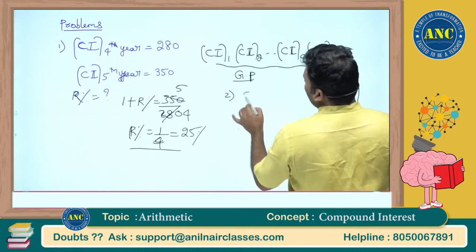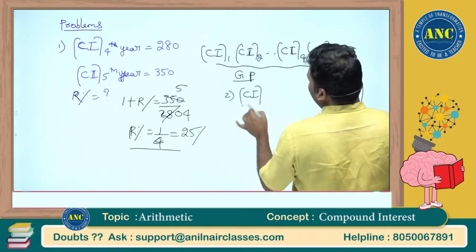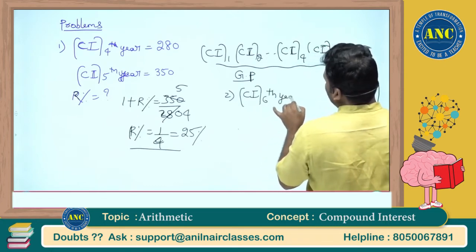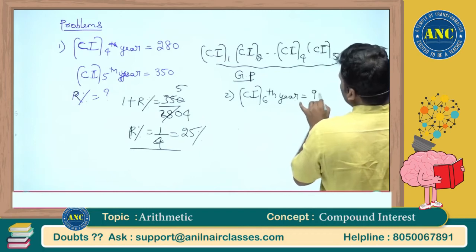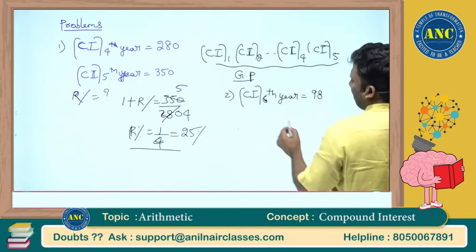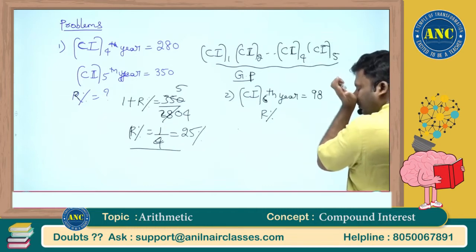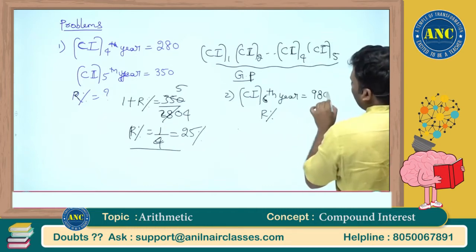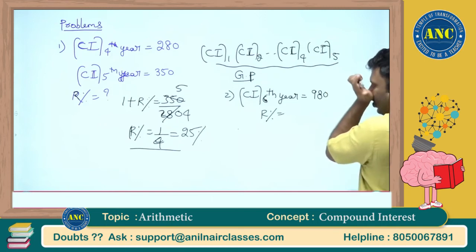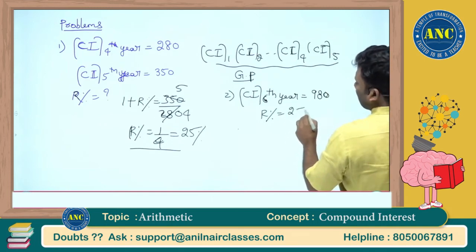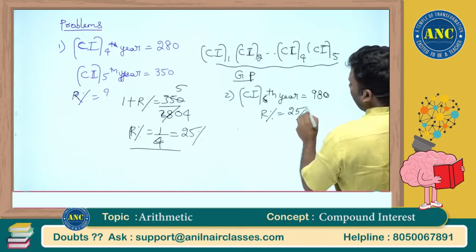Next one, suppose the question is: CI for the 6th year is 980, and R percentage is, for example, 25 percentage.